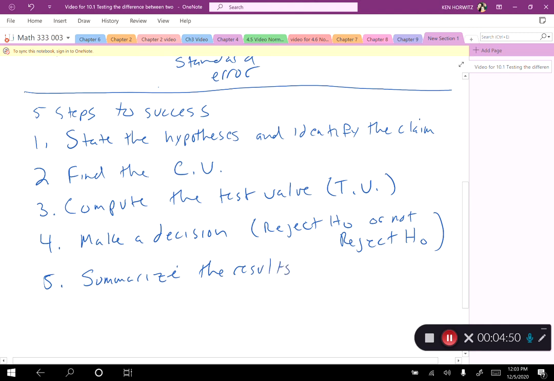Always helpful to summarize, to bring it back, like I said, always to the context of the problem. Probably the most difficult is going to be deciding if it's right-tailed, left-tailed, or two-tailed. But you really need to look at the wording of the problem to make sure that you have it right.